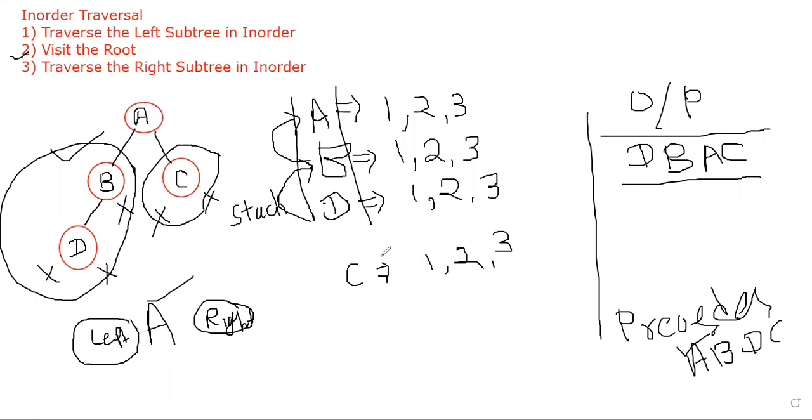First we have the left subtree, and in the left subtree the root is at the beginning. In the right subtree also, the root is at the beginning. This way we are able to traverse the tree.